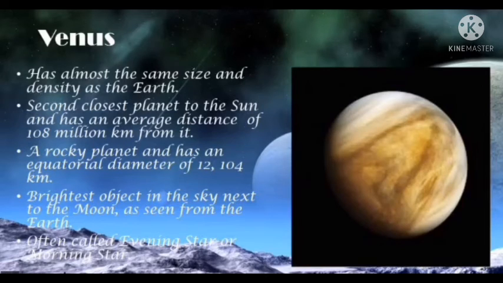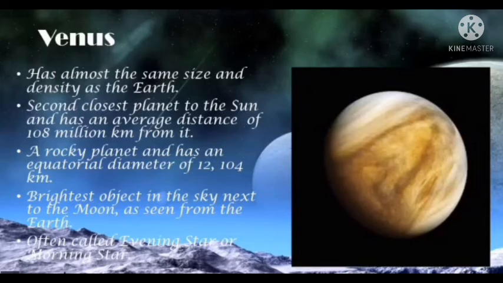It is the second closest planet to the Sun and has an average distance of 108 million kilometers from it. Venus is a rocky planet and has an equatorial diameter of 12,104 kilometers. It has mountains, craters, and volcanoes on its surface.